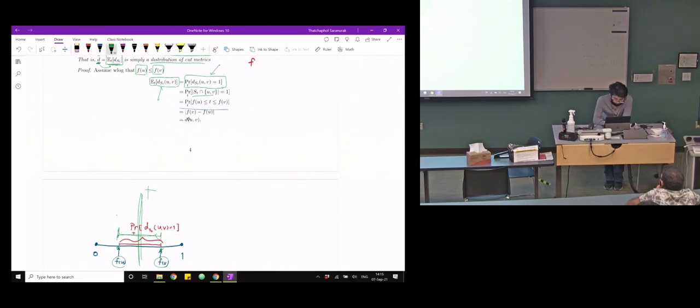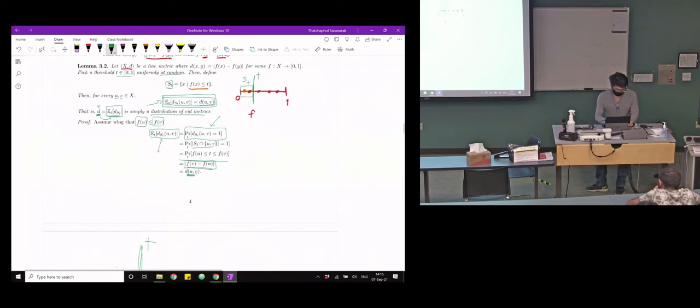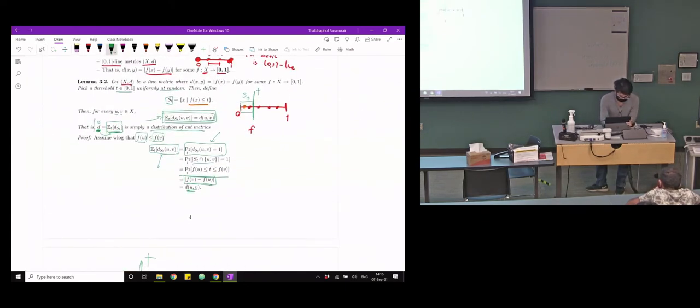And this is exactly the distance between u and v in the line metric. So the message is that D is just an average of cut metrics.